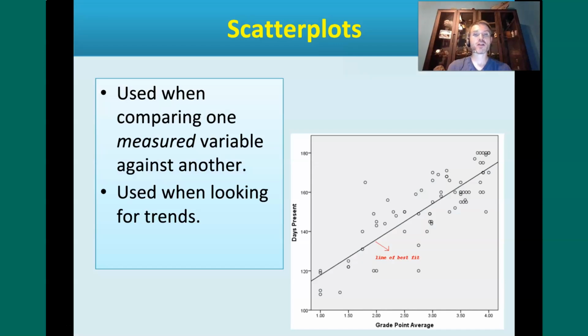The next type of graph here is a scatter plot. Scatter plots are useful when we compare one variable versus the other. So when we're comparing the measurable variable against another variable, what we're doing here is we're looking for trends. A lot of the time I will ask you to fill in a line of best fit and see if there's a correlation between those two variables.